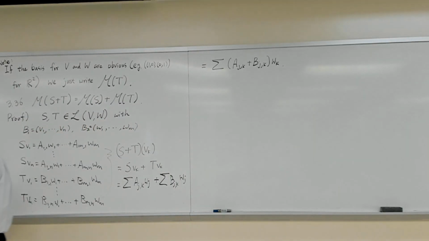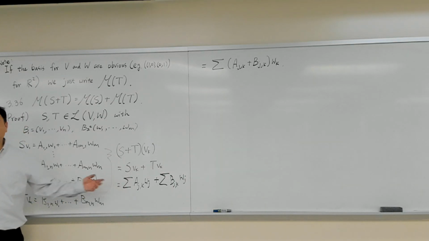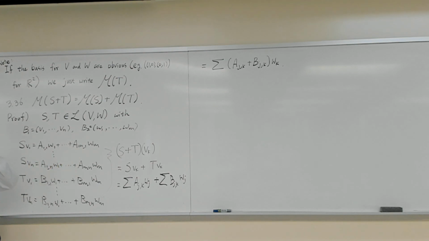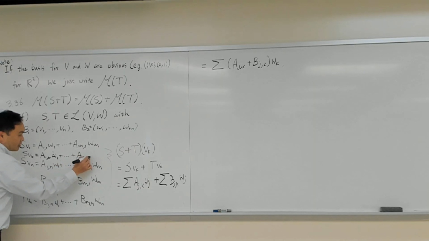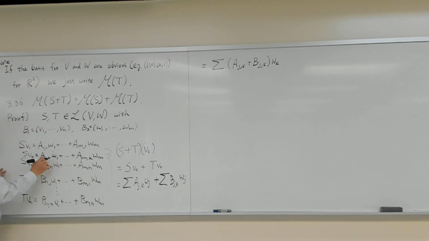Hopefully the sudden appearance of the summation doesn't throw you off, but sigma is just shorthand for writing dot dot dot, right? So don't be too surprised. What I'm trying to say is that S of vk would mean A1k w1 dot dot dot all the way to Amk wm, and this second number k doesn't change for the entire summation.